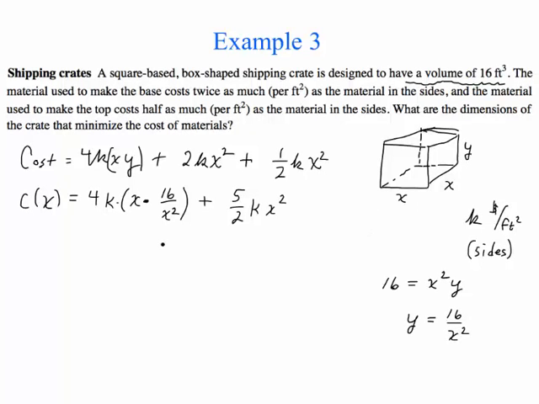Domain. X could be as small as 0, but we can make X pretty small here. And then, well, we can imagine this box getting wider and wider. If we make Y small enough, X could just get larger and larger to meet this 16 cubic foot volume. So there's really no upper limit.